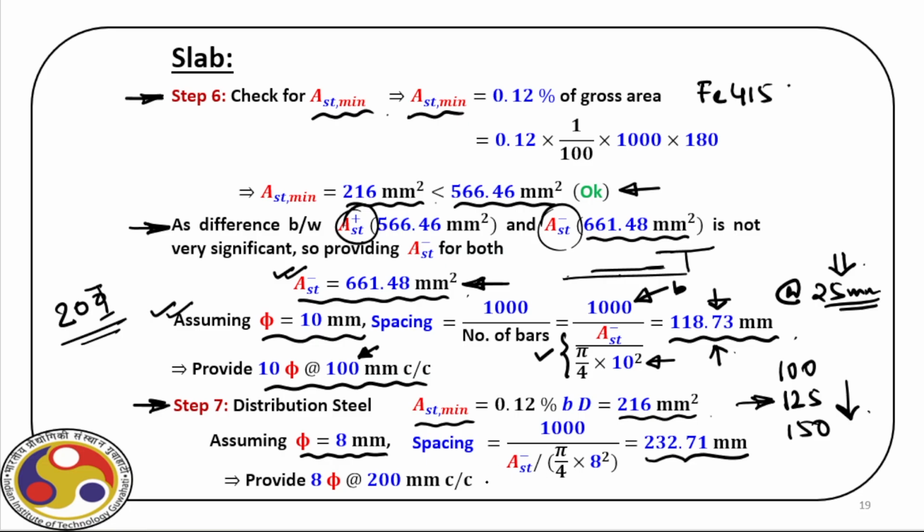So let us propose 8 phi bar at the rate of 200 millimeter center to center. In fact, we could provide bars at the rate of 225 millimeter center to center, but let us propose 8 phi at the rate of 200 millimeter center to center, which is obviously better than this value, because we have closer bars and we have more number of bars.